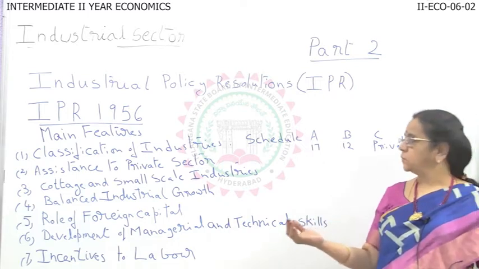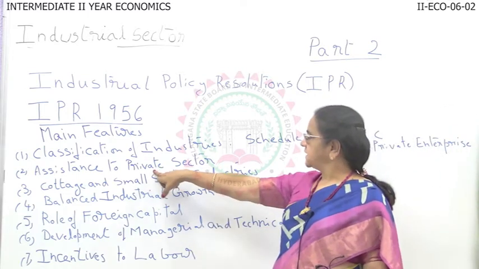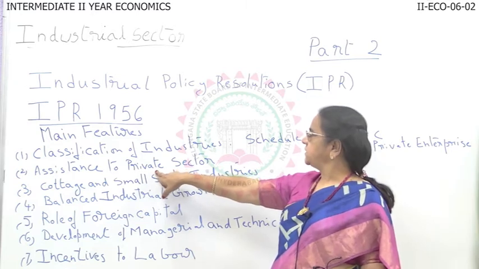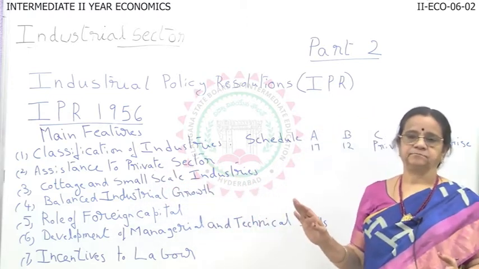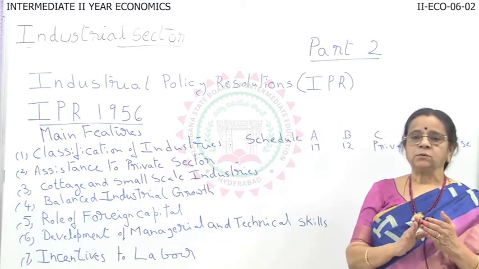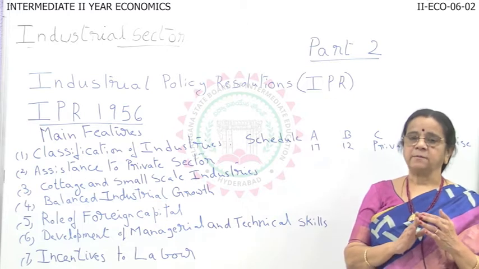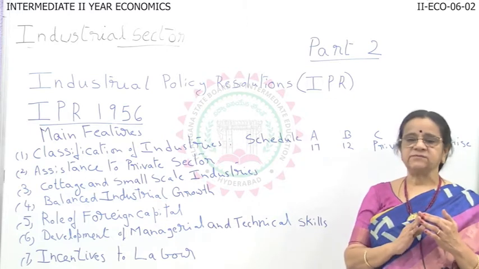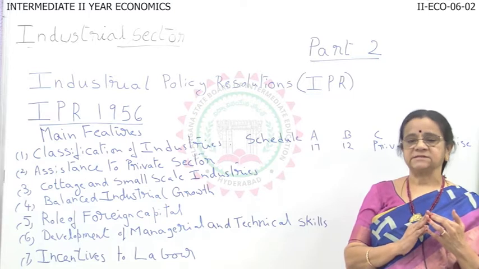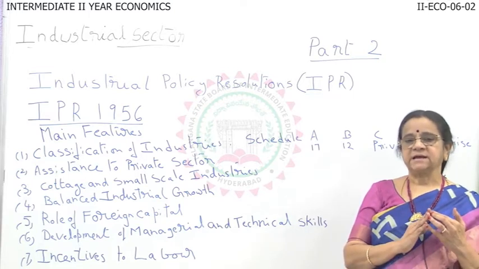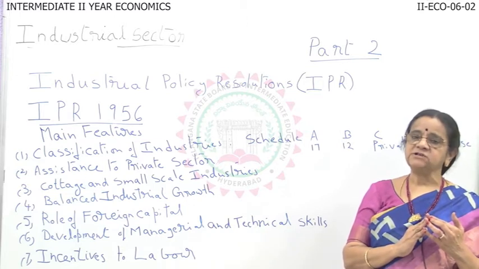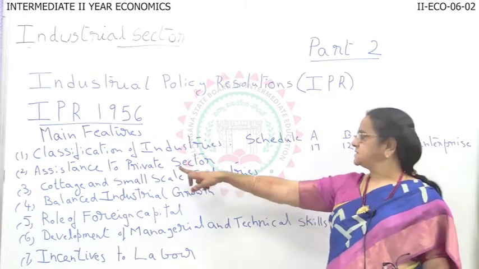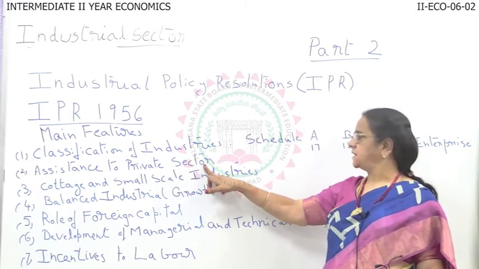Then we have to know the second feature. The second feature concentrated on assistance to the private sector. Keeping in view the importance of the private sector, assistance will be provided to this sector by setting up infrastructural facilities, and financial institutions required for the development of the private sector will be taken care of.